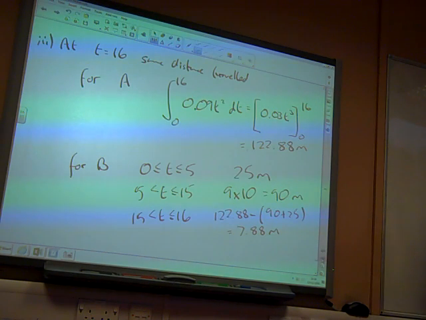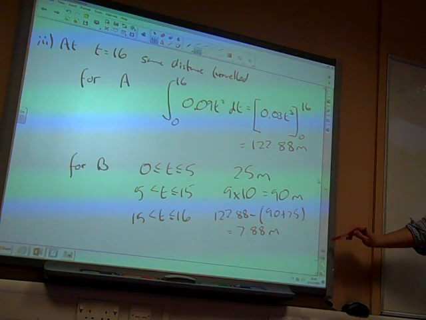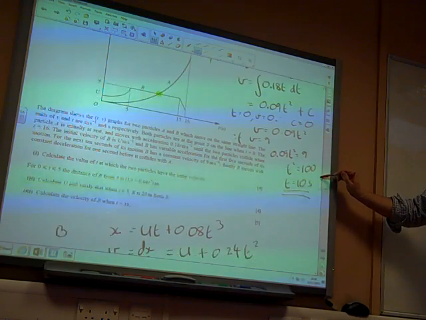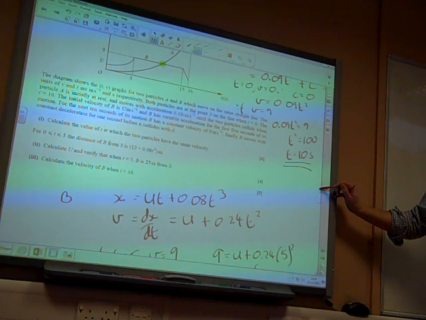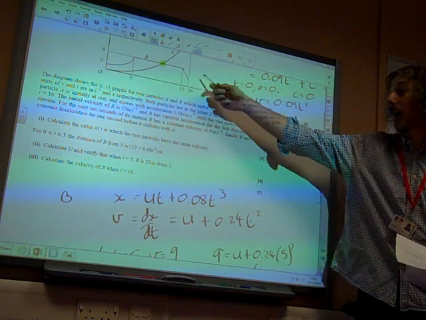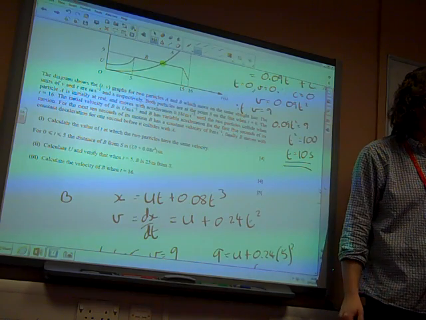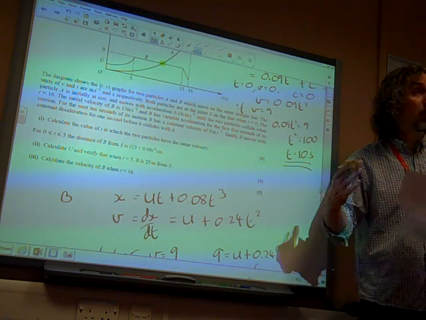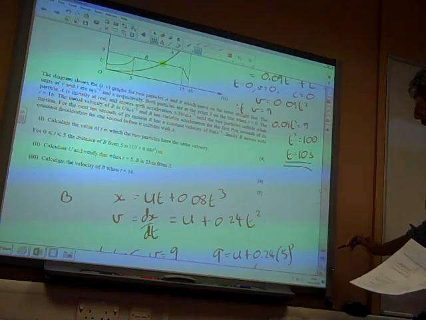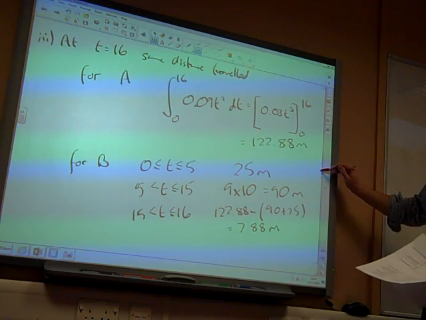And all that's left for us to do is to work out the velocity. Now that is constant acceleration, isn't it? It's a straight line. We're told it's constant acceleration, constant deceleration. That means we're allowed to use SUVAT. So we're back to using SUVAT equations again.